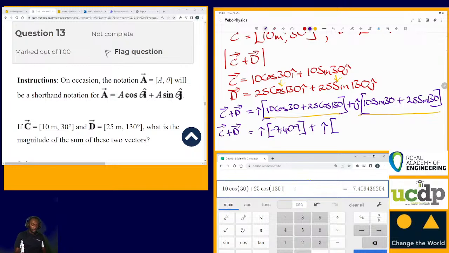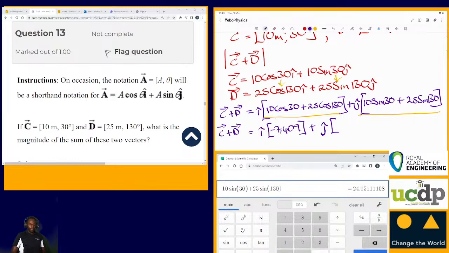Let's add the j. Clear that. It's going to be 10 sine 30 plus 25 sine 130.